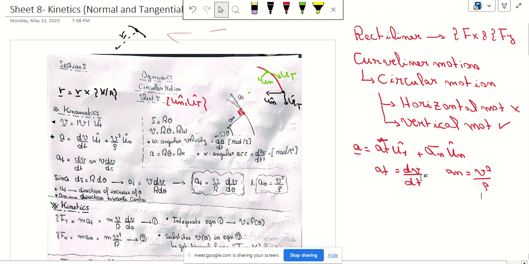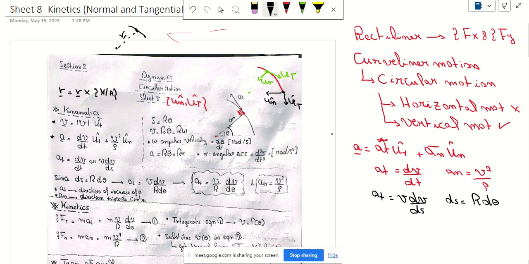Okay, back again. If you remember that we have another expression for the at, which was v dv by ds. Since you know that ds is equal to r d theta, and why we are saying this, because we are talking about a circular motion, and this circular motion has a center, and this is a part of a radius of a circle, this one, the solid line.